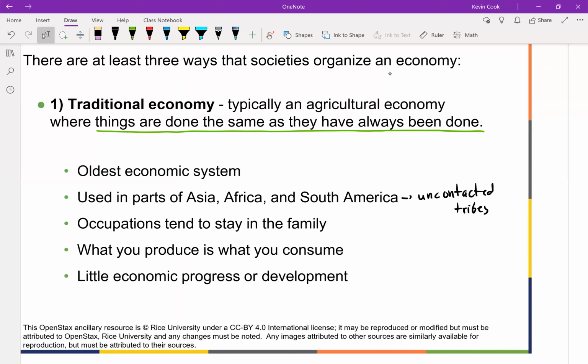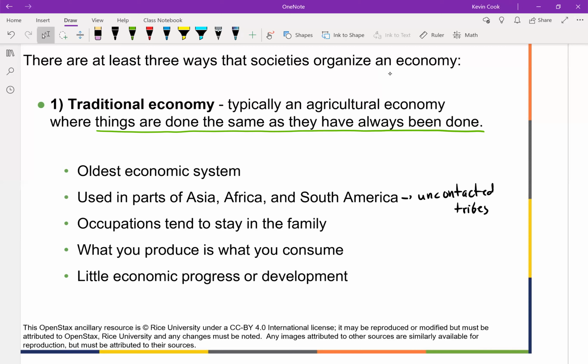You can stick anything in, and a traditional economy would support that. It's just, well, last generation did it, so we're going to do it, and the last generation said the same thing, and so on. So these last little bits: what we produce, what we consume.